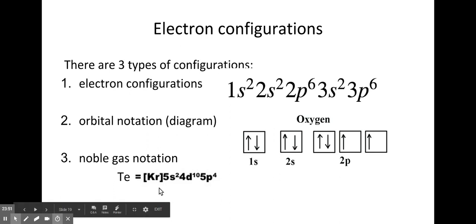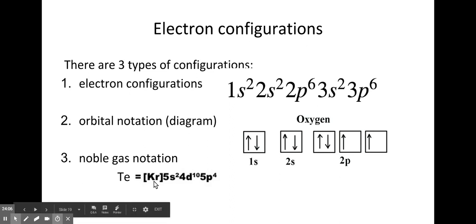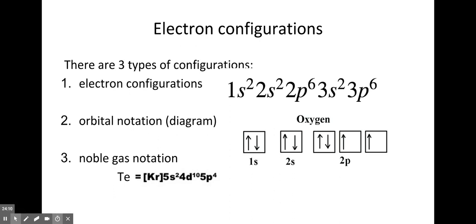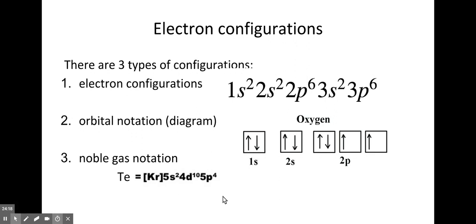And so we shorten this by looking at our element on the periodic table and finding the noble gas that is just smaller than the element we want to write the configuration for, putting that noble gas in brackets, and then all of the electrons that noble gas doesn't have, all the way up to the last electron for the element we're writing the configuration for.